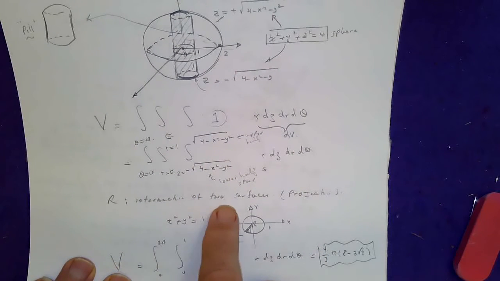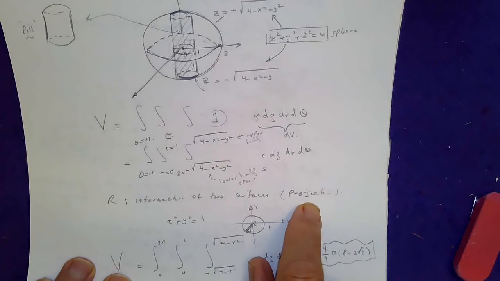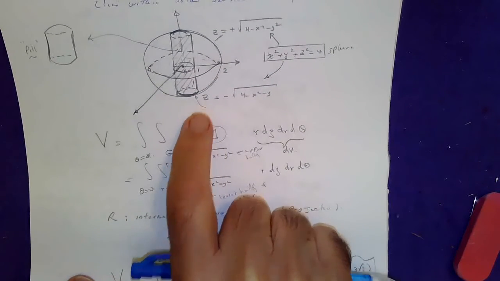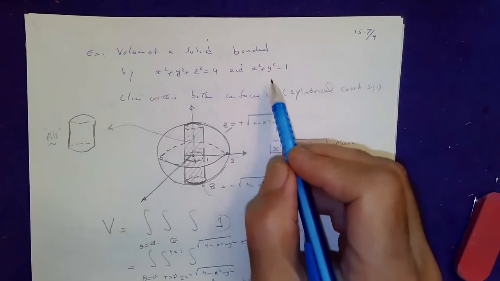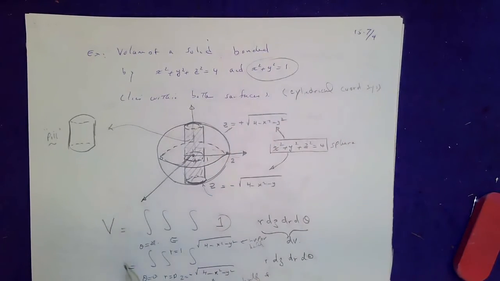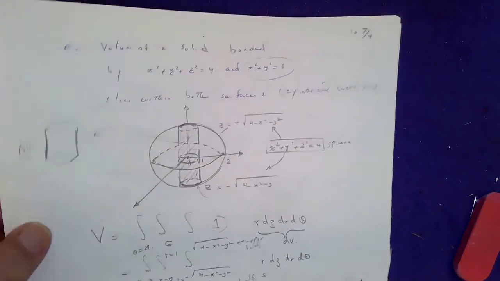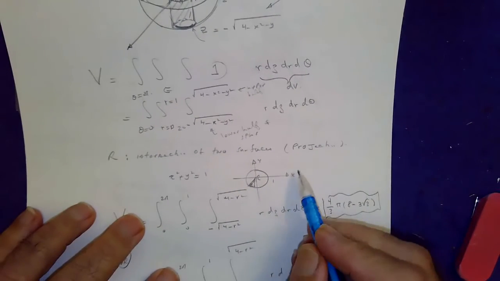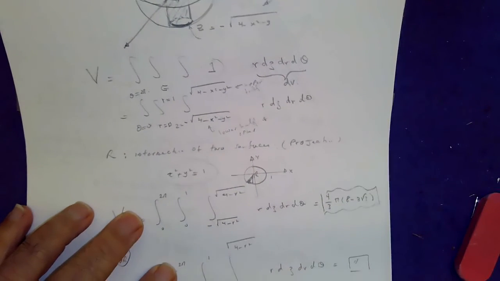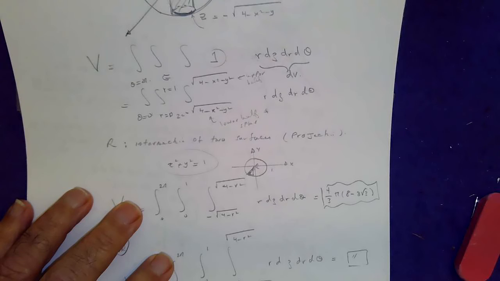However, the intersection of these two surfaces, or the projection of this onto the xy plane, is the circle. Okay, so what happens is, here is the circle, which is what? X squared plus y squared equals 1.